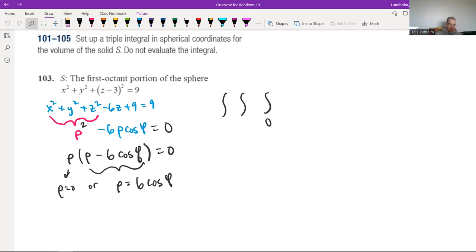Rho equals 0 to rho equals 6 cosine phi on those bounds. We're just trying to find a volume of a solid, so our integrand will just be 1, but the volume differential is rho squared sine phi d rho d phi d theta.